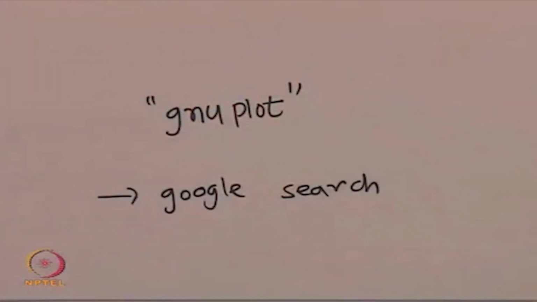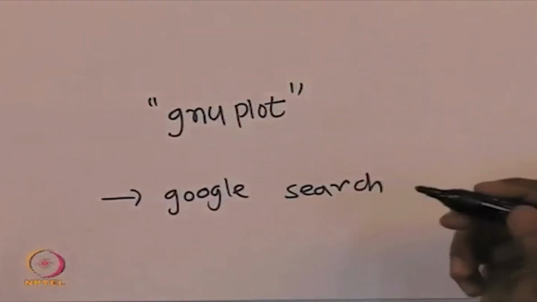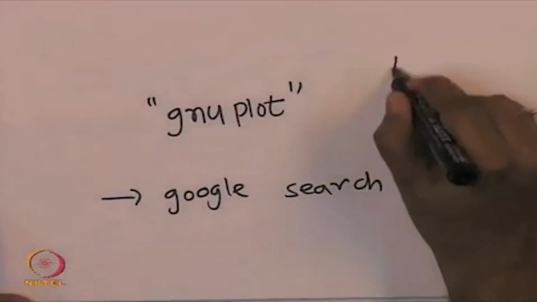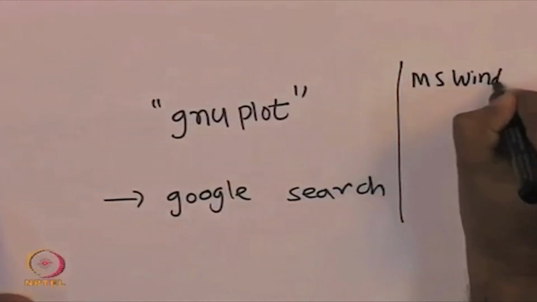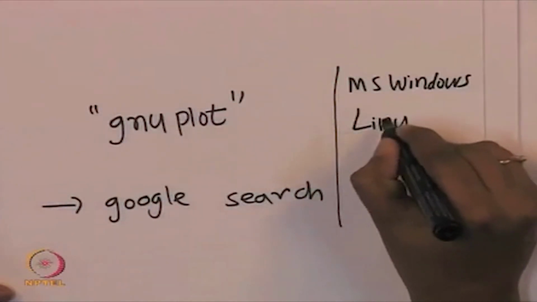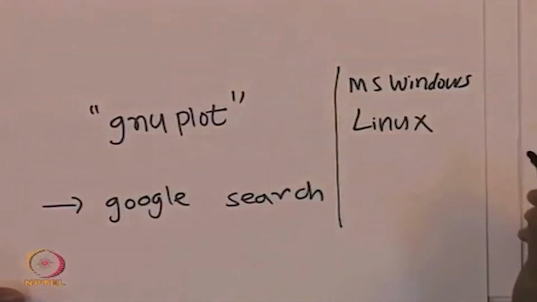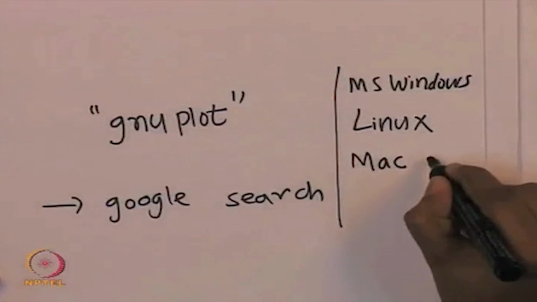GNU plot is available for Windows. If you are using Microsoft Windows, it is available. If you are going to use Unix or Linux, it is available for GNU Linux. It is also available for Macintosh, Mac OS.